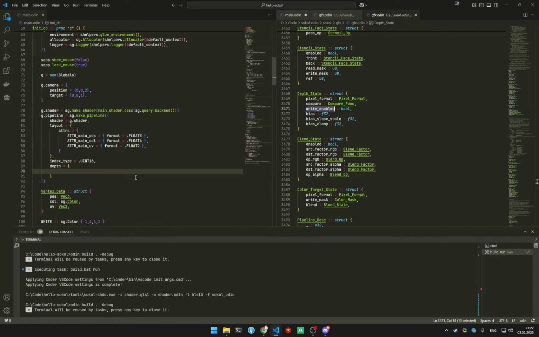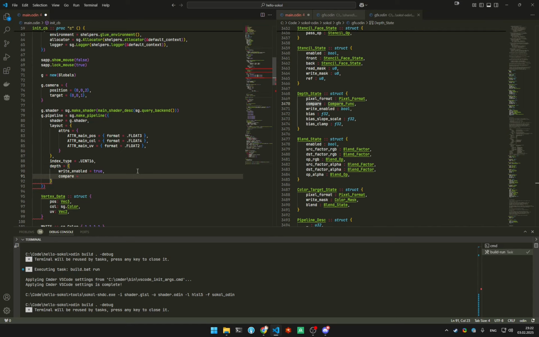What we want is that every draw that we do writes to the depth buffer, and then when it decides whether to actually draw a pixel, we compare it with the current value, and we only draw when our value is less equal, I believe it's called, than the one that was written before us. So if the object is more in front, we draw.